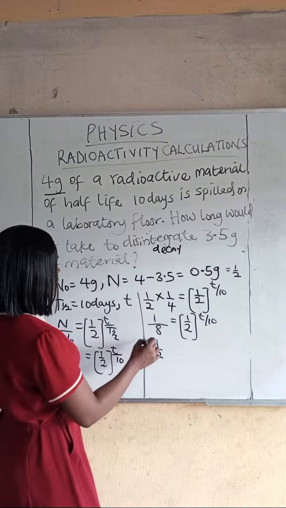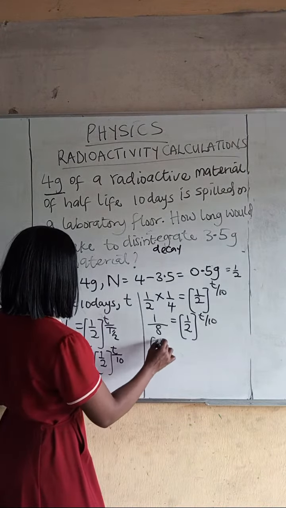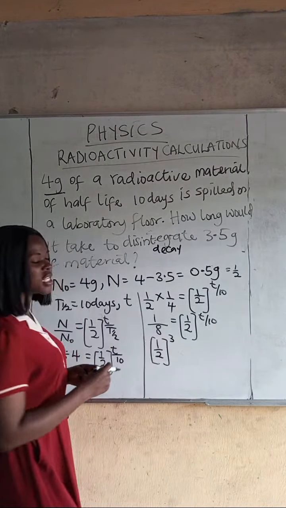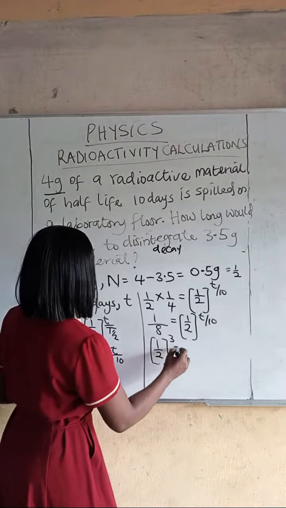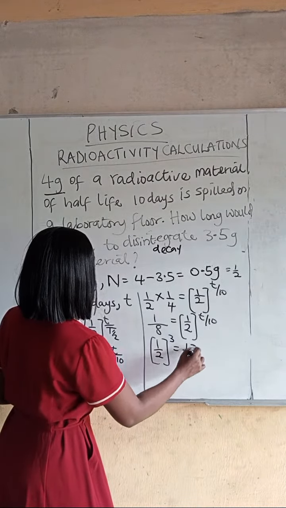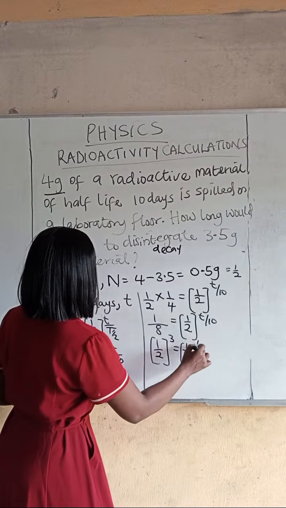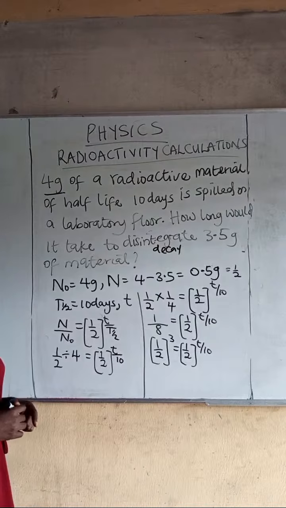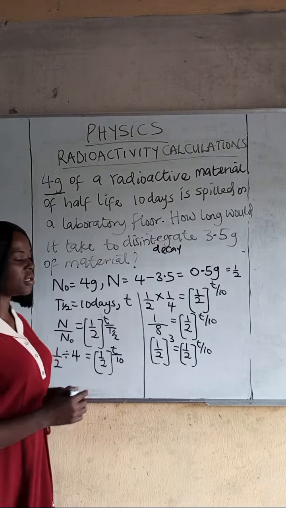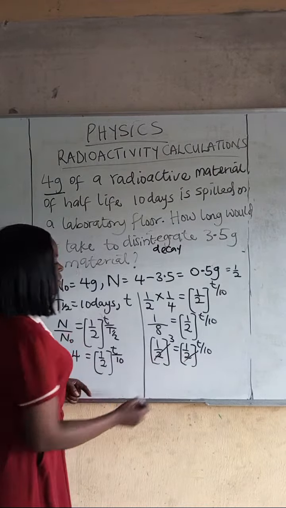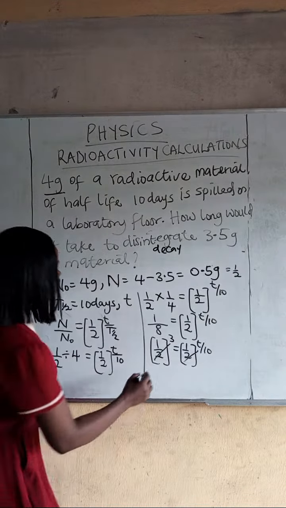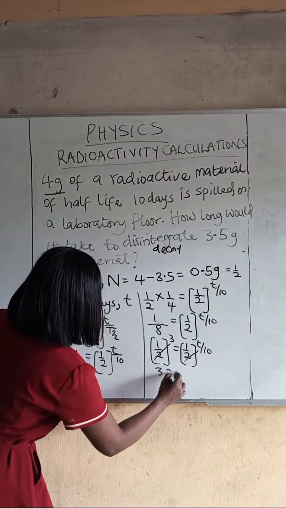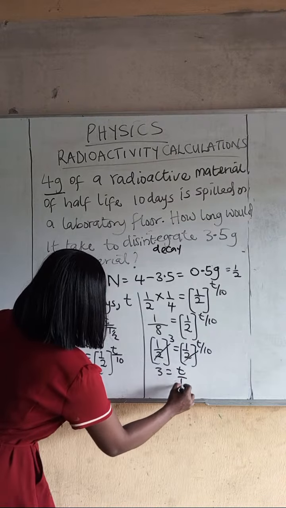So I'm going to say 1 over 2 raised to the power of 3 is equal to 1 over 2 raised to the power of T over 10. Now this is common, I'll cancel it. So I'm left with 3 is equal to T over 10.